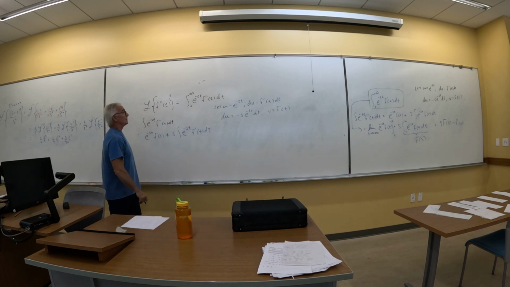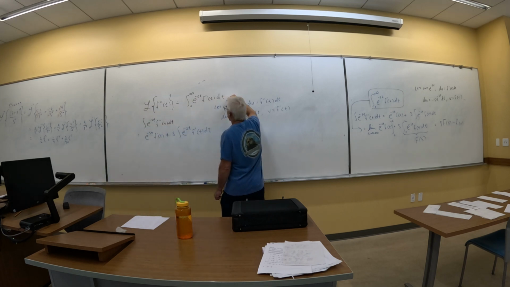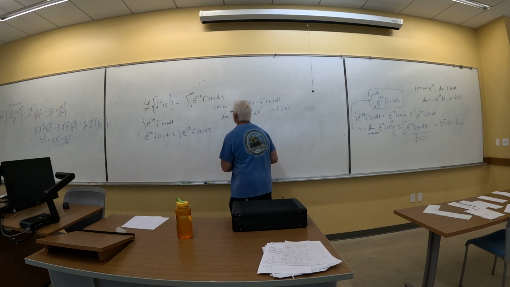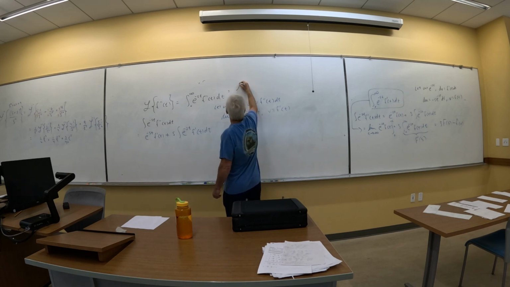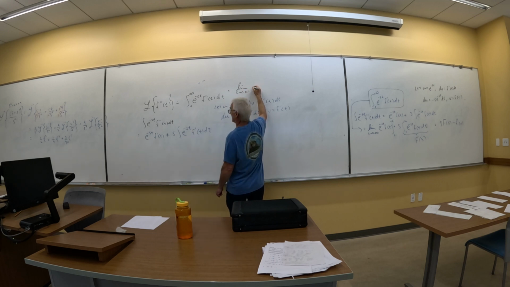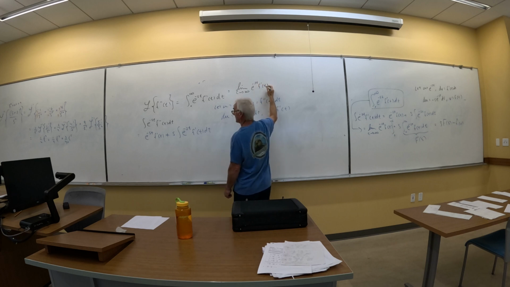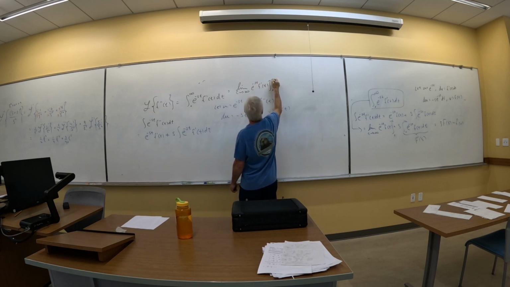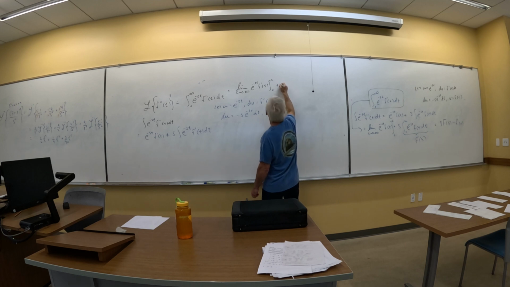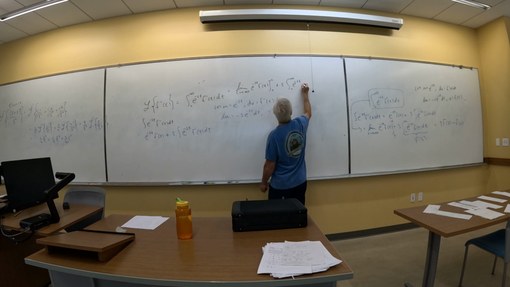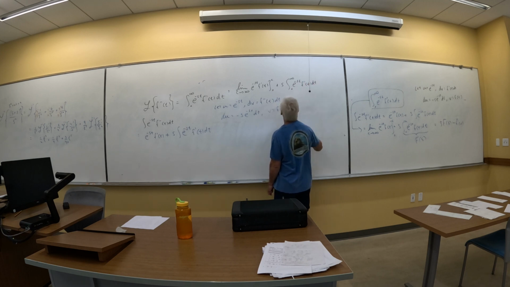Okay? So now when I go back to here, I want my limits of integration. We'll do like we did a moment ago. The limit as, call it c, goes to infinity of the first part, e to the negative st f prime of t from 0 to c, plus s times the integral from 0 to infinity of e to the negative st f prime of t dt.